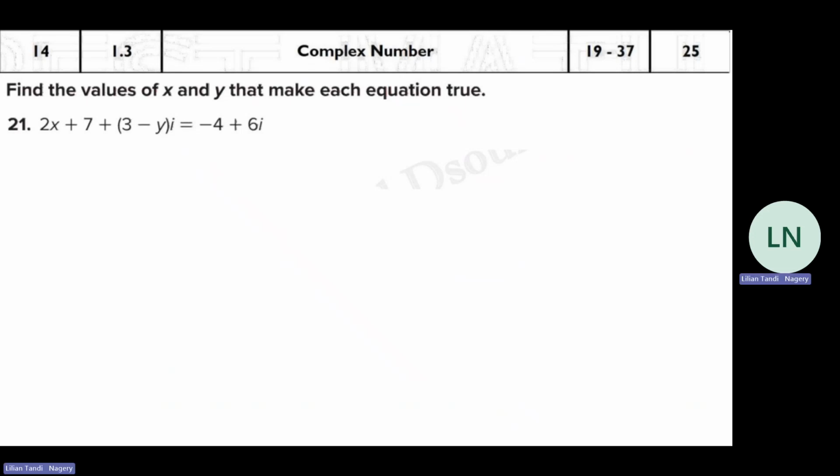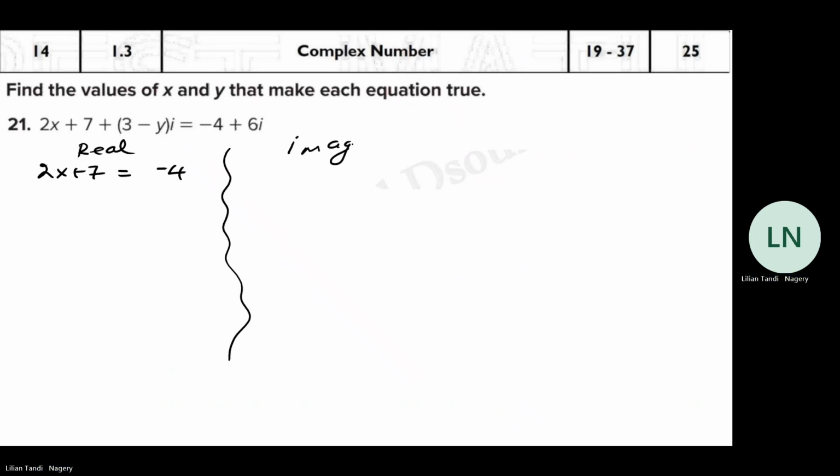Continue the same. 2x plus 7 equals negative 4. This is the real part. This is the imaginary part. 3 minus y in brackets equals 6i.